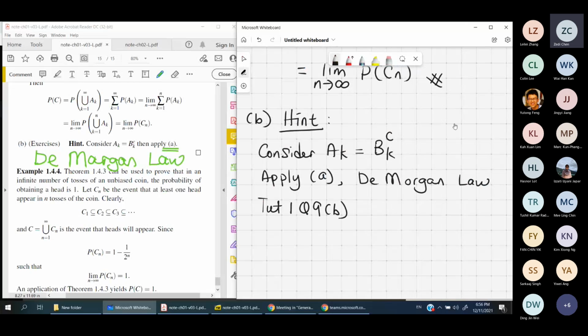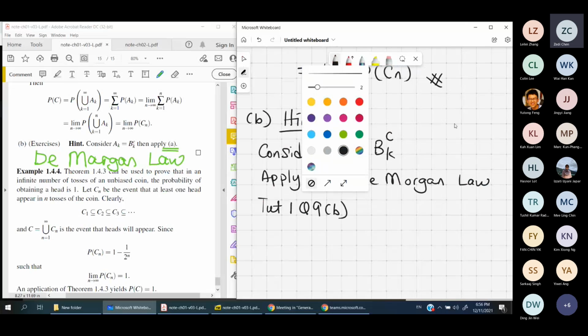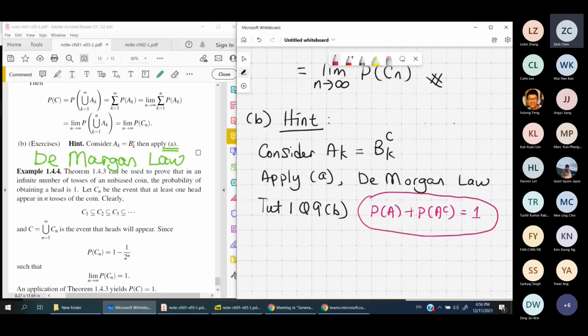What is this? This is one standard formula: P of A plus P of the complement is equal to 1. I believe you should be familiar with this formula.